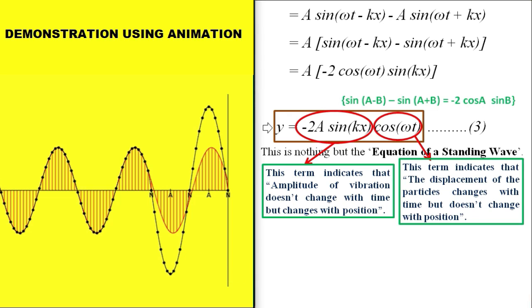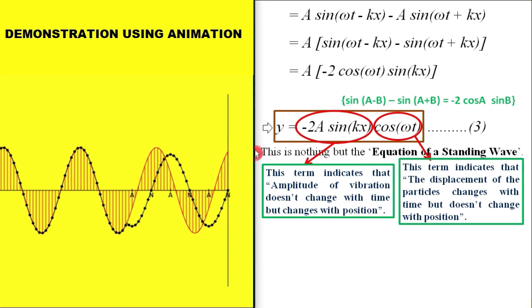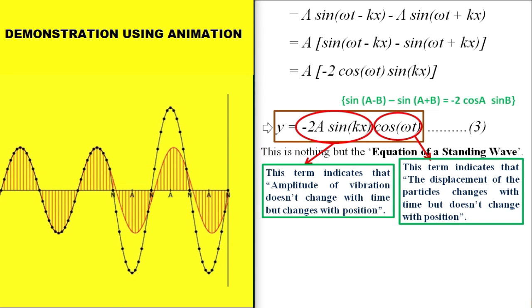Now in this progressive wave, a sin omega t minus kx, I can tell that the displacement of the particles changes with both time and position. See here, it is changing with both. It is changing with time, because if you watch it in motion, you can see it is continuously changing, and with position also.